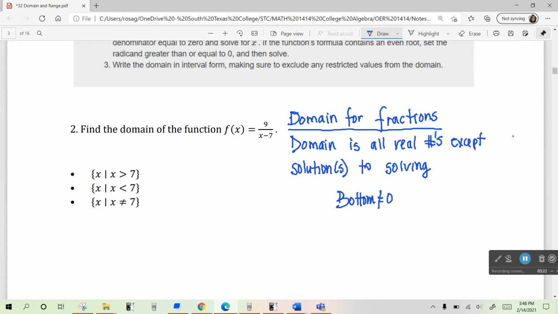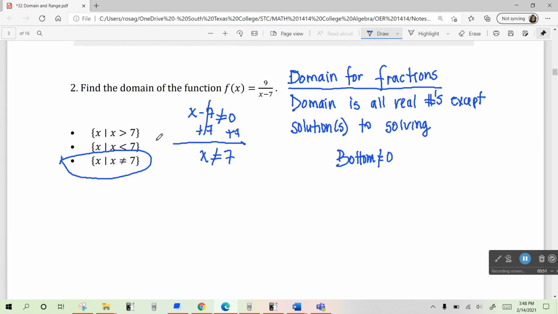The domain can be any real number except for the solutions to the bottom of the fraction. So if I'm trying to solve this one, it would be x minus 7 equals 0, so plus 7. Always get the bottom. So x cannot be 7. Anything else it can be. That's how you do it every time you have a fraction. You get the bottom, you solve it, and that's the only one that it cannot be in that domain.